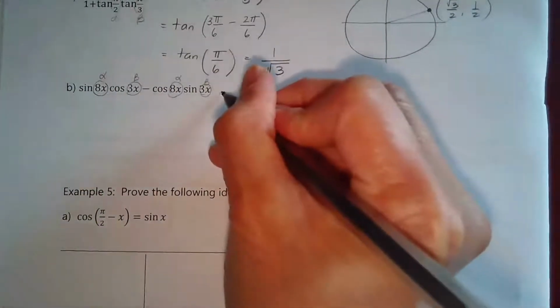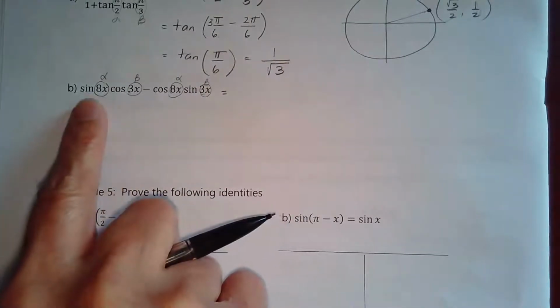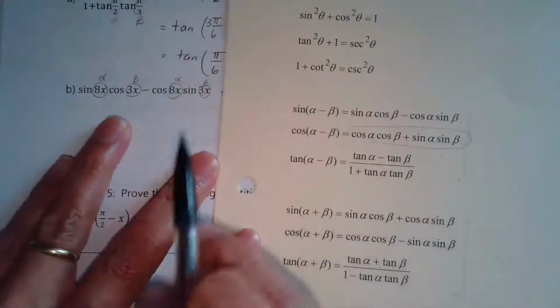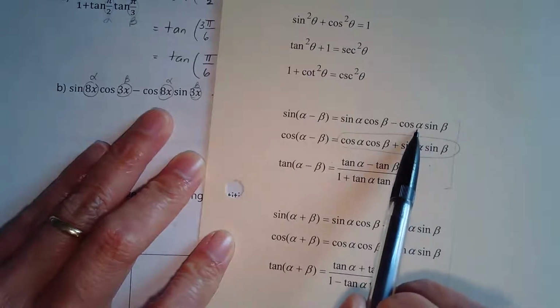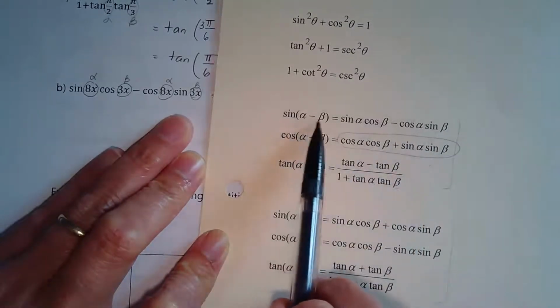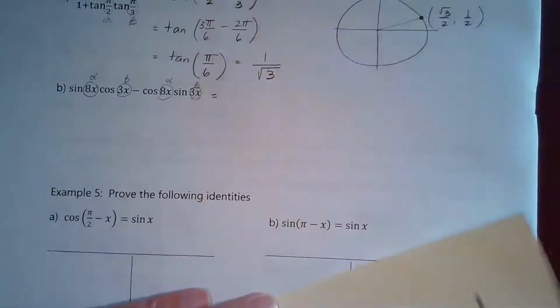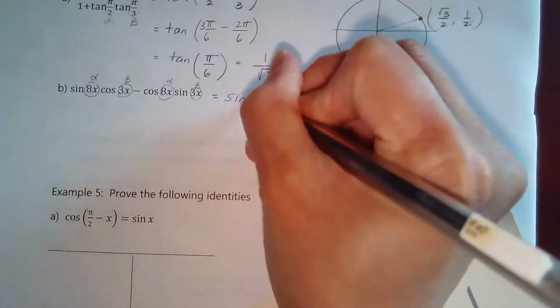Sine of alpha cos beta minus cos alpha sine beta. So we can simplify that as sine of alpha minus beta.